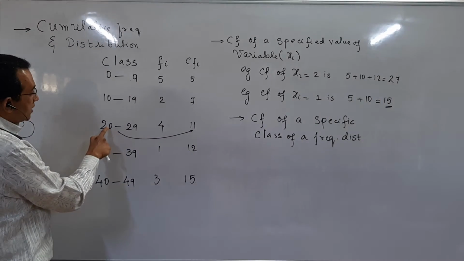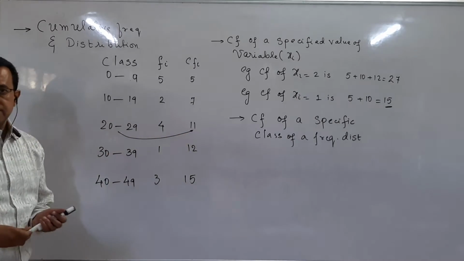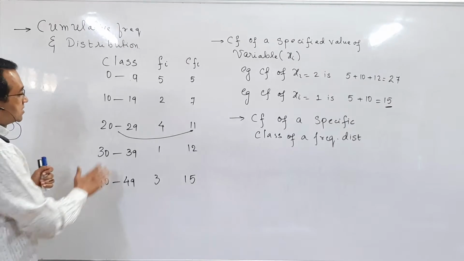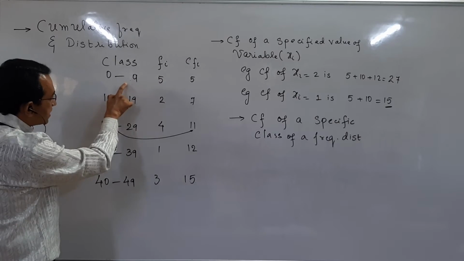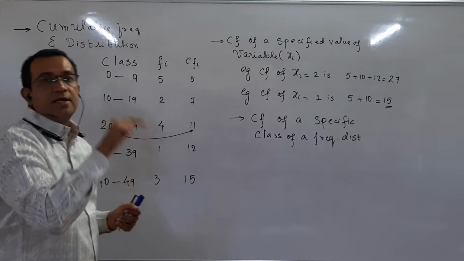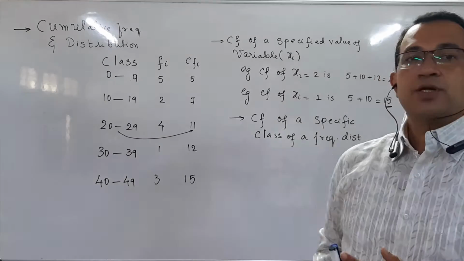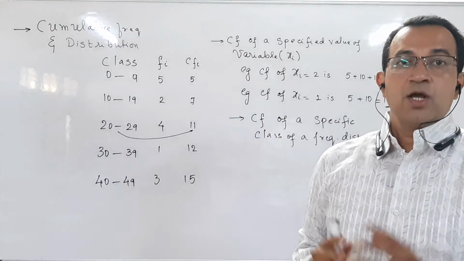How is this 11 obtained? It is the sum of frequencies of all the classes preceding that class and including that class. We have included the frequency of that class, which is 20 to 29.